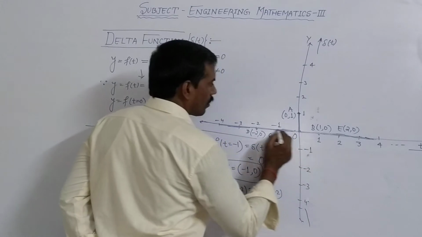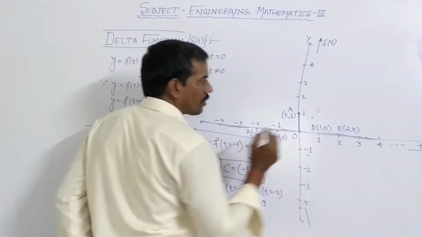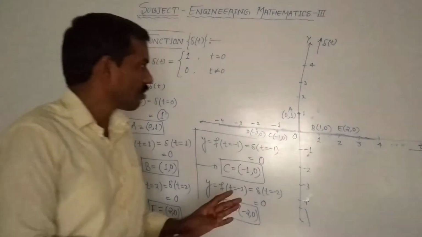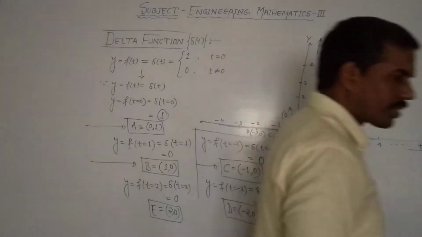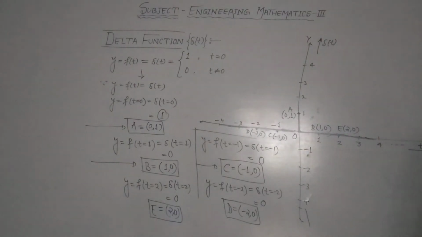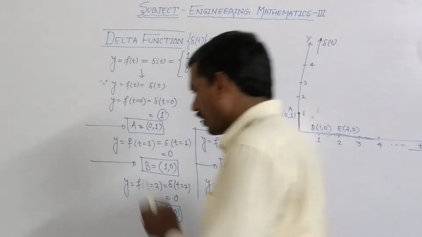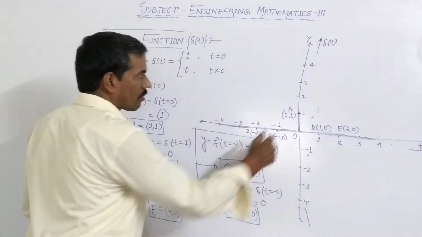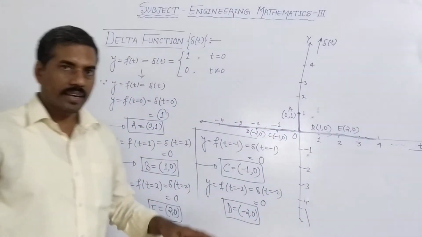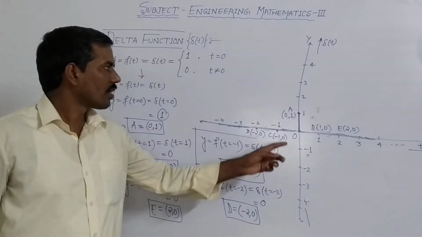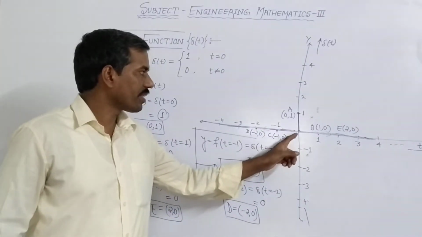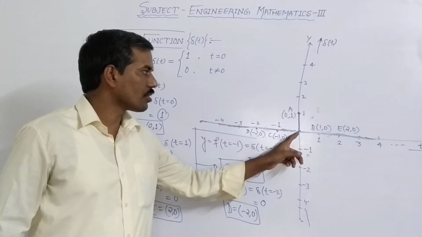Okay, so we are seeing that delta t is equal to... okay, students, in this way we can draw the graph of delta t, and we see that delta t is defined at only t is equal to 0.